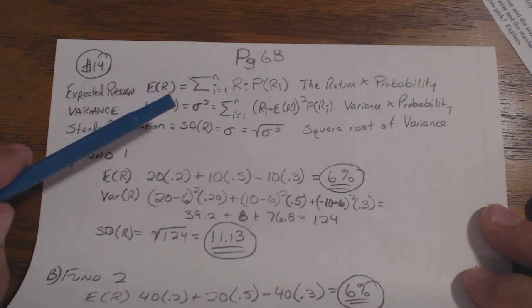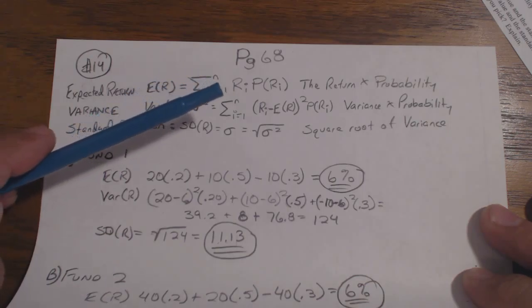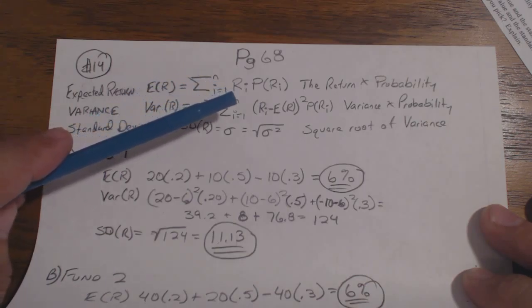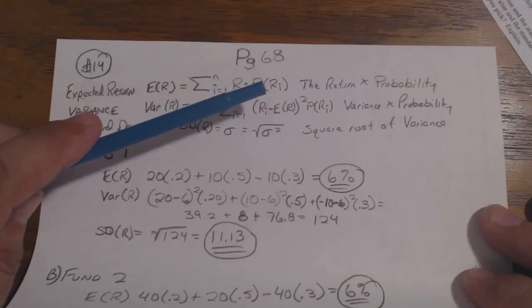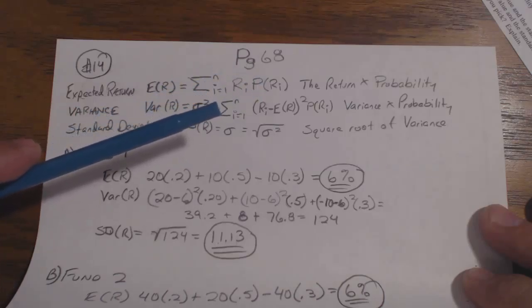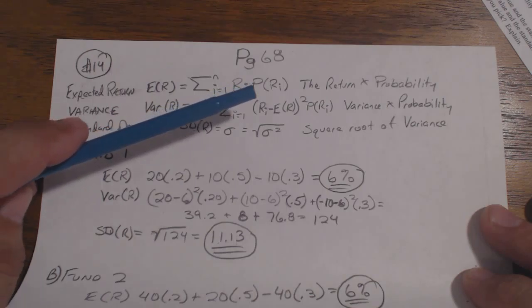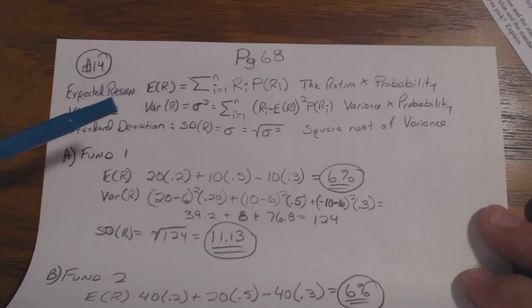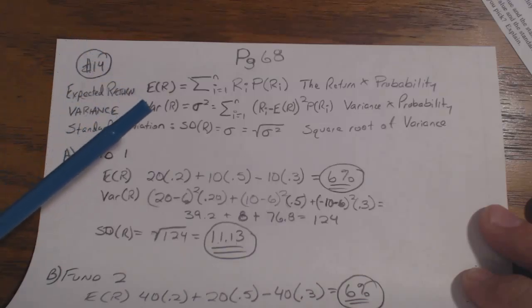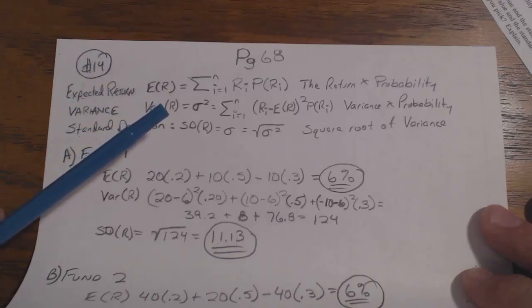Expected return is the sum of the returns, basically this return times the probability of that return. So all you do is take whatever return they've told you, multiply it times the probability, and that's the expected return. Once you've got that, you find the variance of the return. The variance, remember, equals the standard deviation squared.